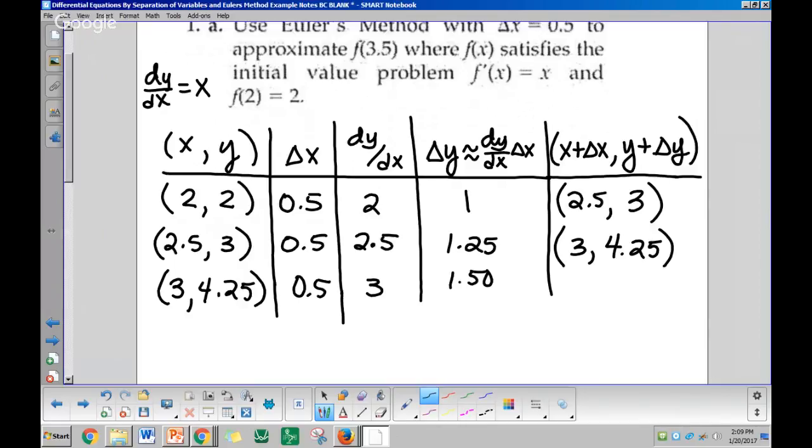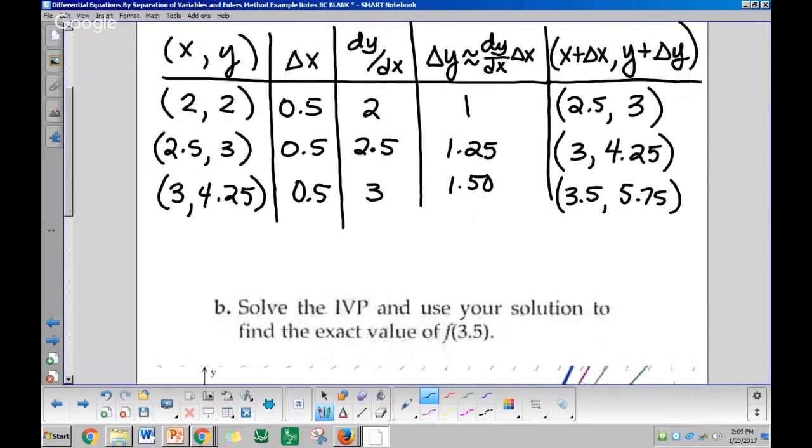So I'm going to add 0.5 to the x, which gives me 3.5, and then 1.5 to the y and get 5.75. So we've reached now our destination, right, which was 3.5, 5.75. So I could say that my solution, f of 3.5, is approximately 5.75.